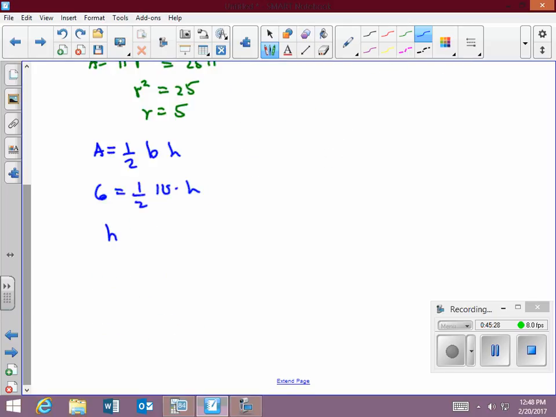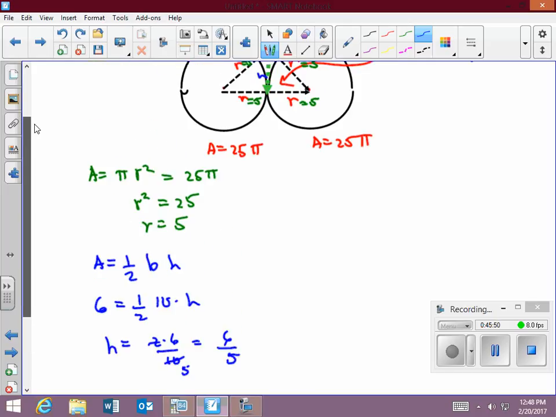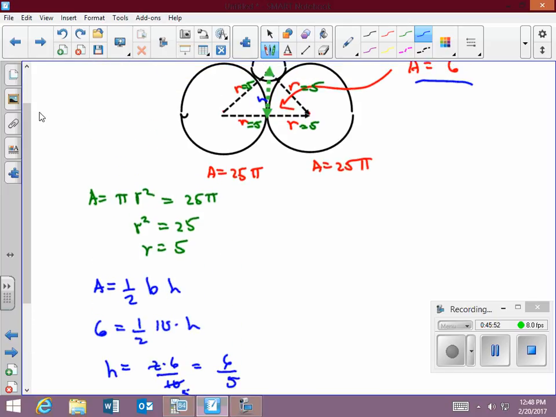So the height is 2 times 6 over 10. Okay. 6/5. Is that right? Everyone with me on that?